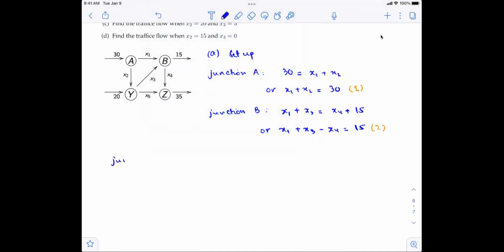The third equation is coming from junction capital Y. At this junction, you have just 20 and x2 coming in, x3 and x5 going out. So you get x2 plus 20 equal to x3 plus x5, or x2 minus x3 minus x5 equal to negative 20.